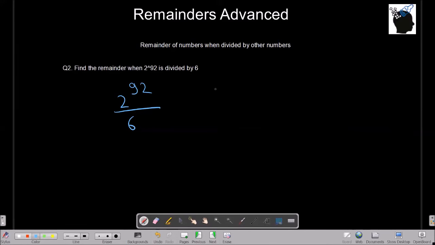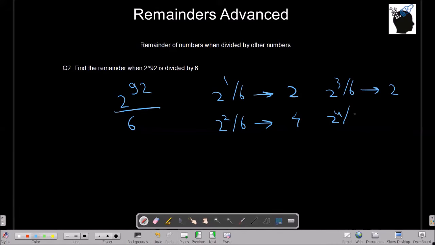Let's use the cycle method. 2 raised to 1 divided by 6 is 2 by 6, which gives me 2 remainder. 2 square by 6 becomes 4 by 6, so 4 remainder. 2 cube by 6 becomes 8 by 6, so 2 remainder. 2 raised to 4 becomes 16 by 6, which gives me 4 remainder. So we can see that the cycle is 2. So we are going to divide 92 by 2 and check the remainder, which is 0.